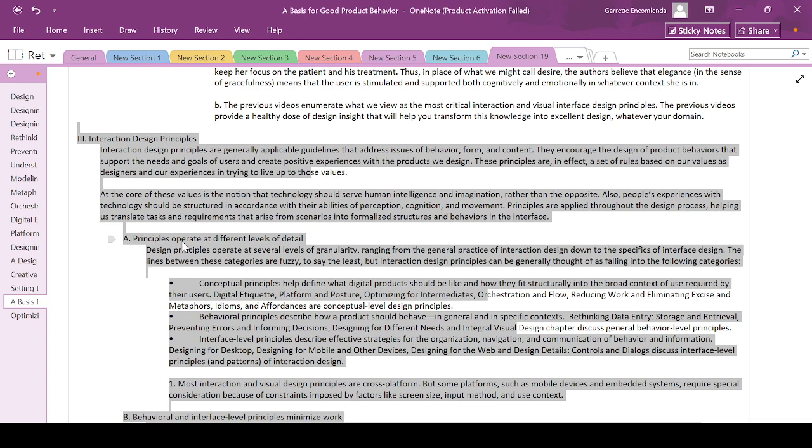These principles are, in effect, a set of rules based on our values as designers and our experiences in trying to live up to those values.